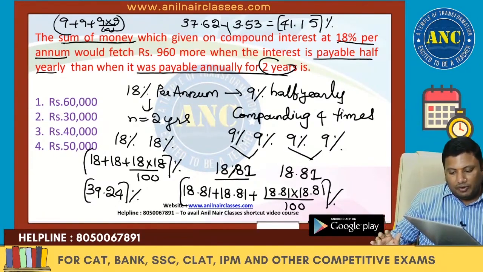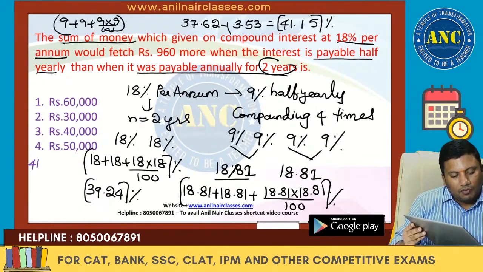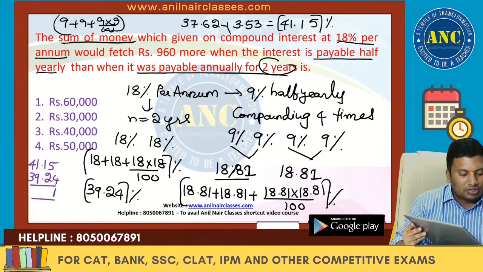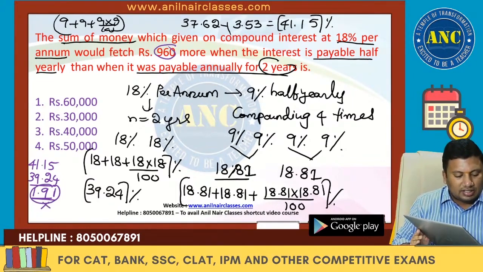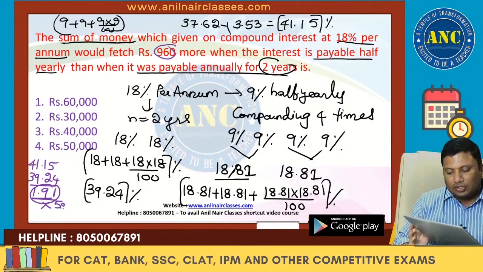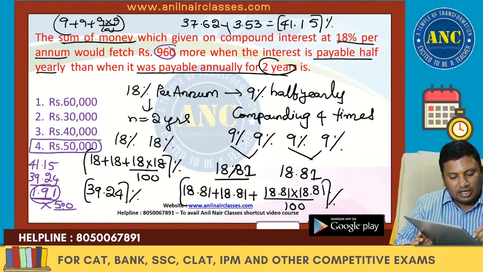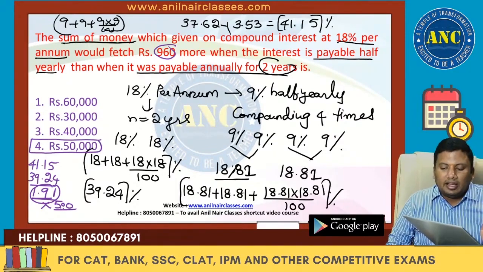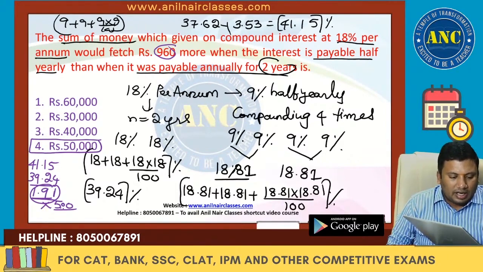41.15. How much is the difference? The difference is 41.15 minus 39.24, which is 1.91. The 1.91 against 960. The difference is close to 1.9 something, so 1.9 into 500 is 950 something.